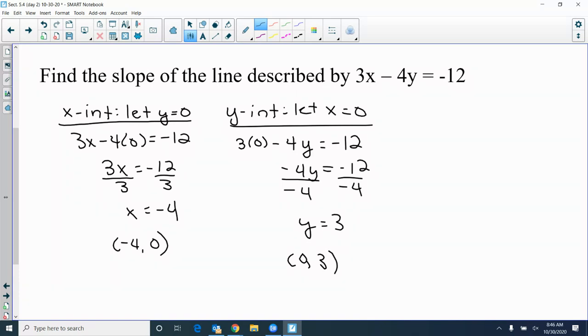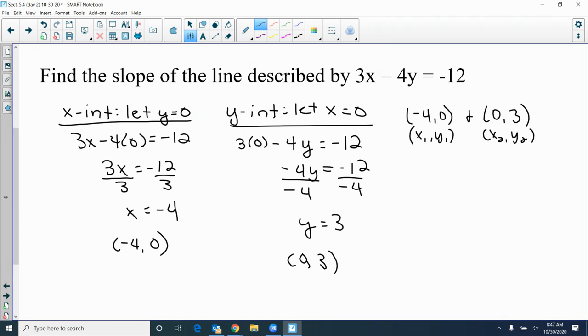So now I got (-4, 0) and (0, 3). Watch your signs here. I'm gonna call the first x1, y1, and again, if you flip the order, it really doesn't matter. You gotta get the same answer as long as you go through the procedure right.